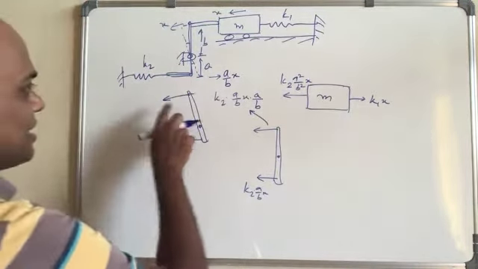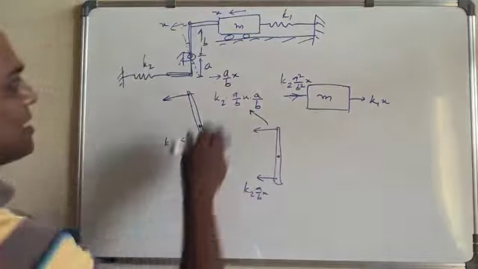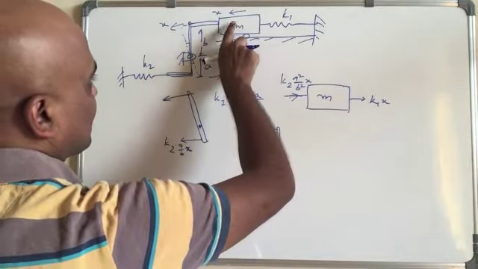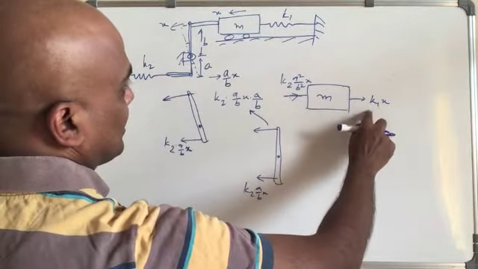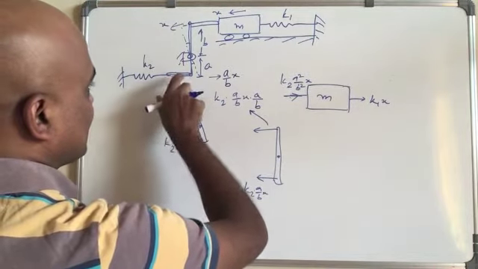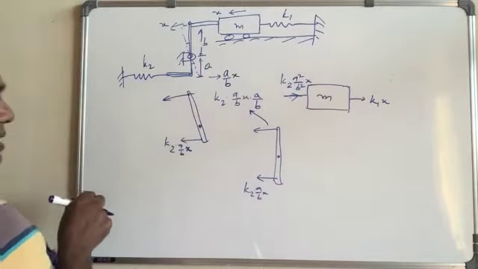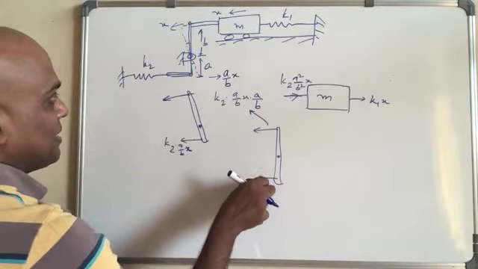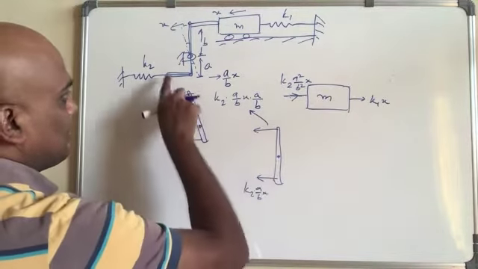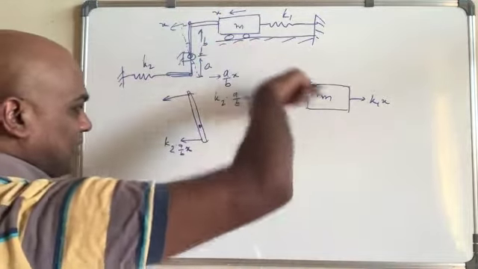If the direction is like this one, the direction of this will be this, meaning that both springs are going to resist the value of this one. So one will resist by this amount, k1 times x1, and this spring is being stretched, this also being stretched, so this will try to pull it like this, and when this tries to pull it like this, this will exert force on this that way.